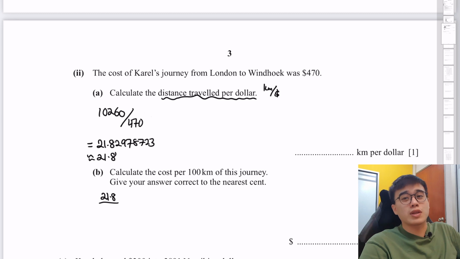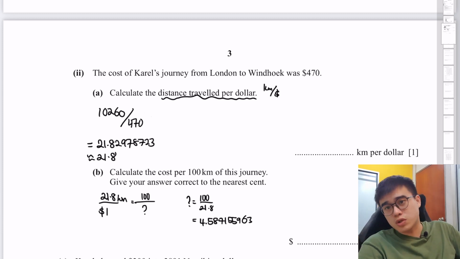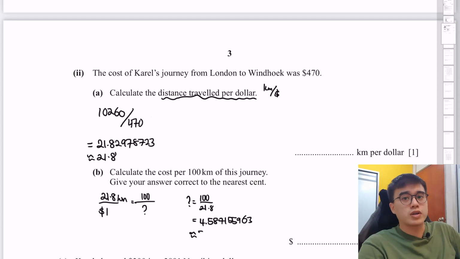I took the 21.8 over 1, the over 1 there represents the dollar, and then equals to 100 kilometers over unknown. By calculating the unknown, I will get my price per kilometer. So for this, you actually get 4.59 after correcting it to the nearest cent according to the requirement by the question.